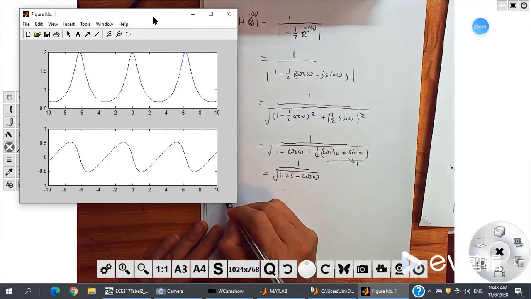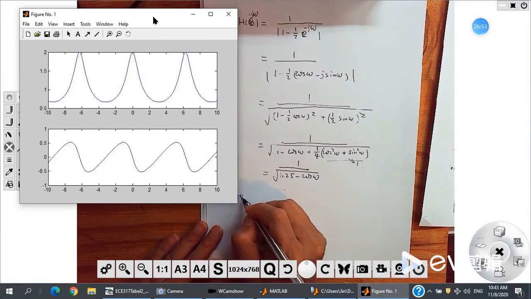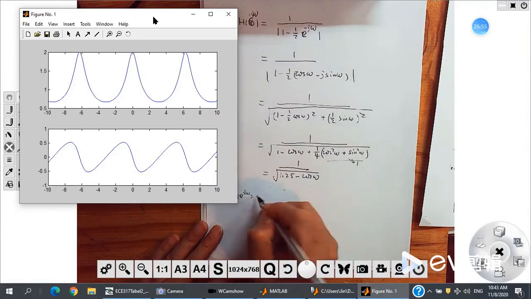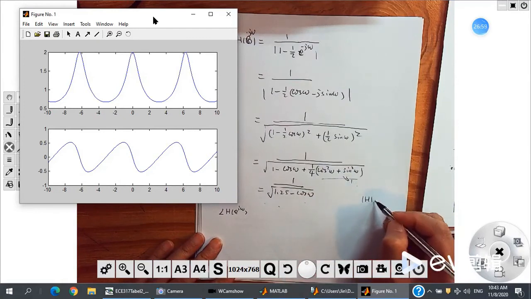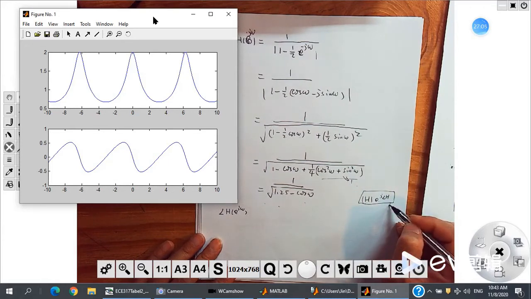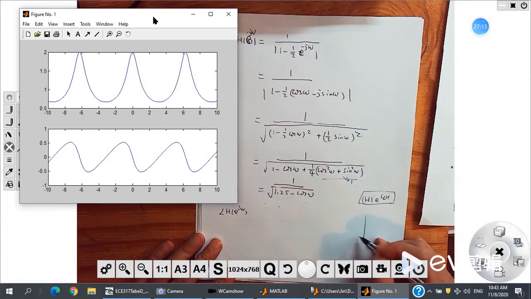What is the angle? This time it is hard to write it in this form. If you want to write this directly in this form, it's not so easy. So this time we need to consider it like this. You look at the graph. A complex number, a plus bj. This will be the angle.